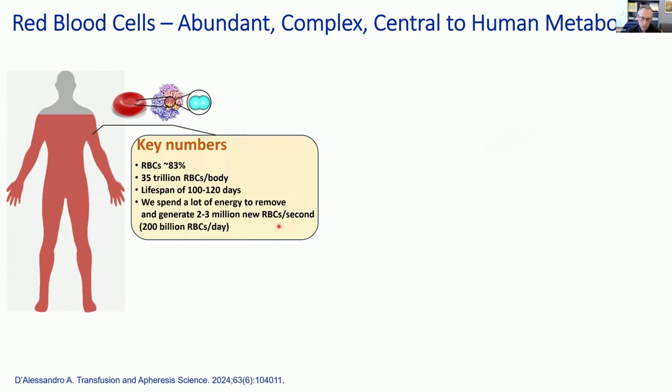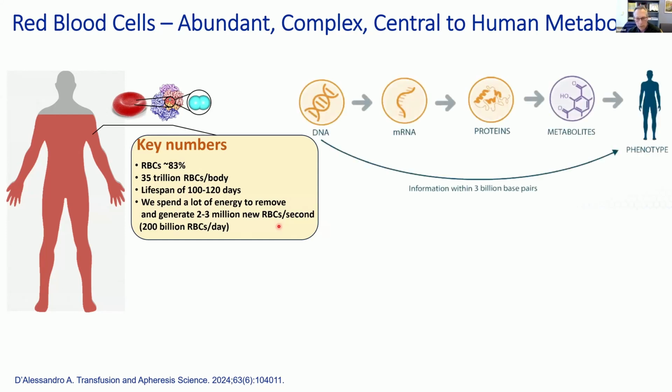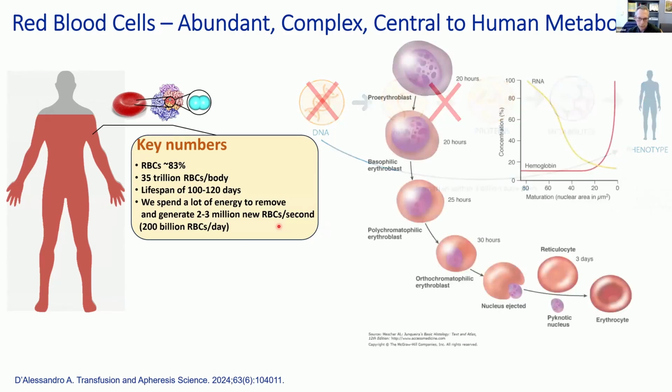We spend a huge amount of energy on a daily basis just generating 2 to 3 million new RBCs per second, 200 billion RBCs per day. Essentially, RBCs don't have any transcriptional function. But in essence, the ability of these cells to interact with the entire system is incredible, and they do have a significant effect on the phenotype of the living system.